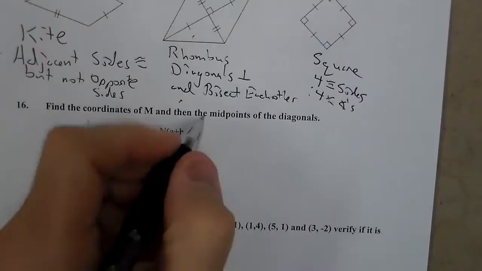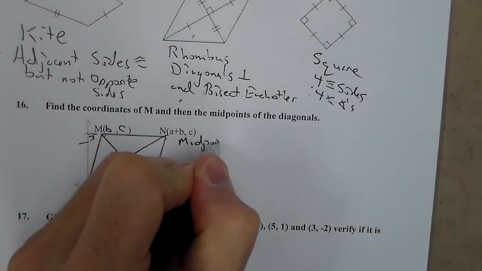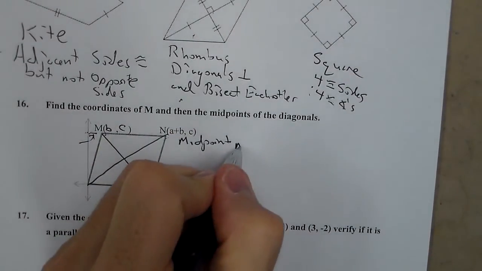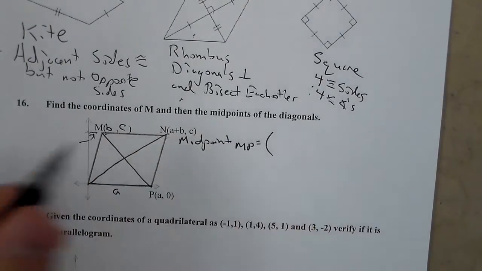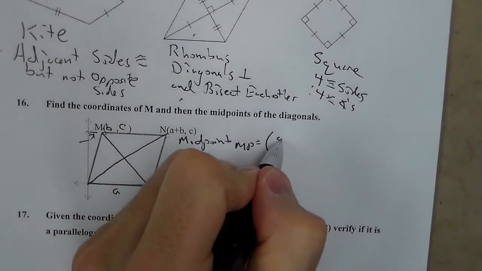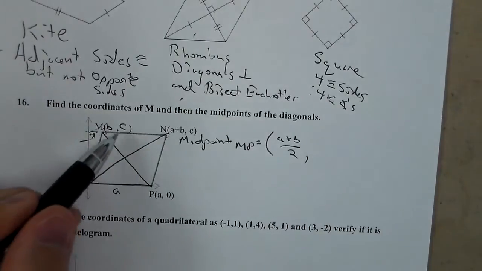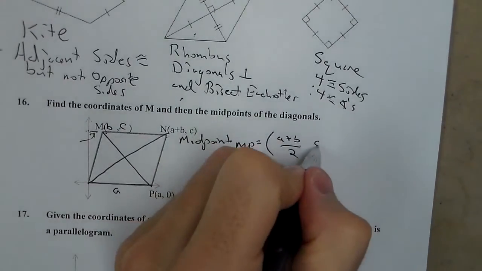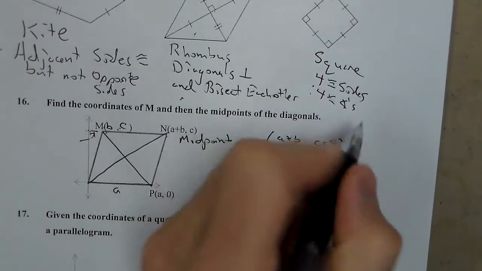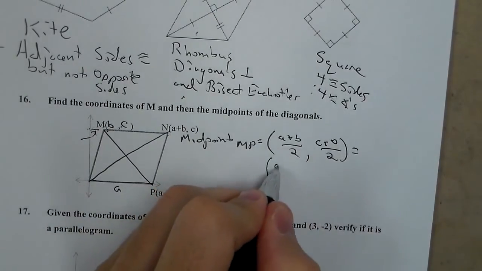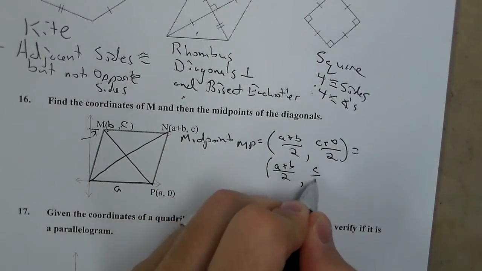We draw these in. The midpoint of, we'll go MP, is add the x's, divide by 2. That's going to be a plus b over 2. Add the y's, divide by 2, c plus 0 over 2. We get a plus b over 2, c over 2.